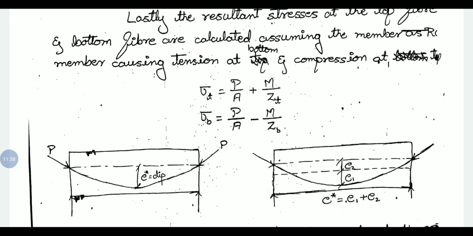But in the second case, we have eccentricity at both support and midspan. At supports, we have eccentricity above the neutral or centroidal axis, and at midspan, we have eccentricity below the centroidal axis. So we have two eccentricities, one below and one above the centroidal axis. But E star is the total depth or total dip of the cable.